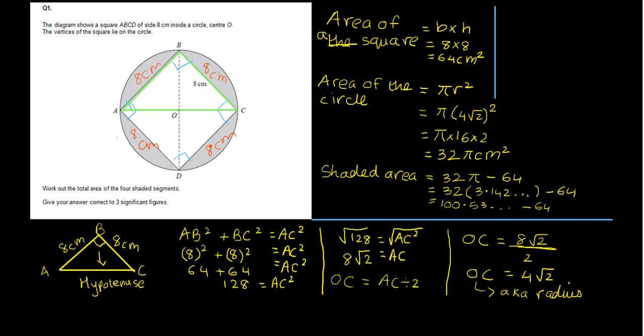Just some space over here. Okay, got some space for myself over there. So I'm going to continue up there. So this minus 64 will give me 36.